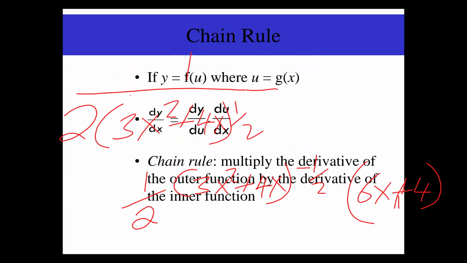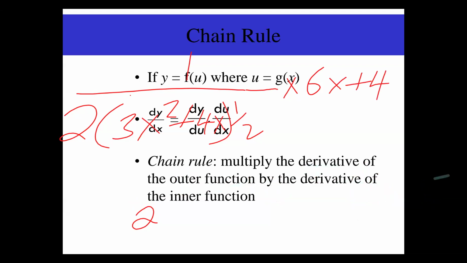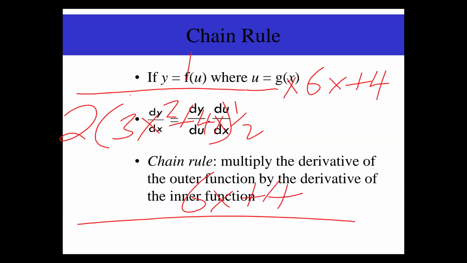Yes. Multiplied by 6x plus 4. And then from here, we shall have 6x plus 4 divided by 2 and the root of 3x squared plus 4x. It's the same thing, right?